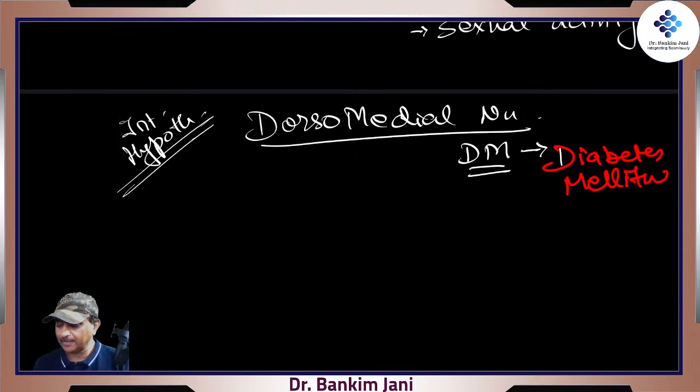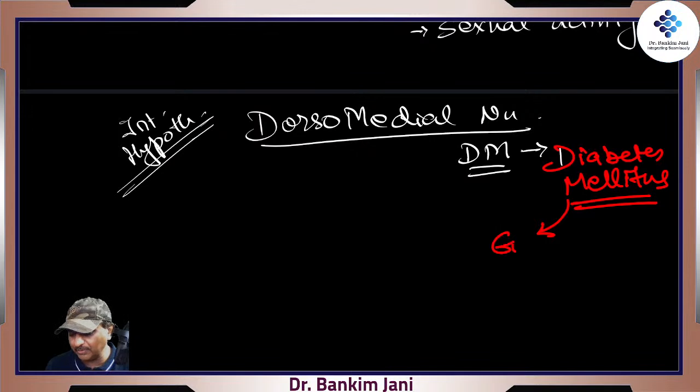Okay. It has got nothing to do with the dorsomedial nucleus, so don't worry. But if it is DM, we remember that it is diabetes mellitus. Now, diabetes mellitus is associated with GIT. This is the function of the dorsomedial nucleus.